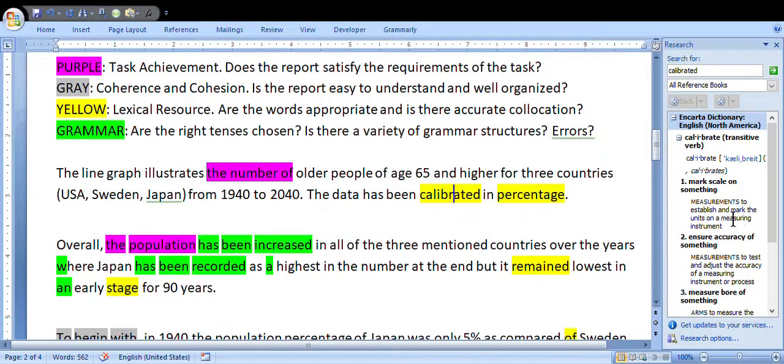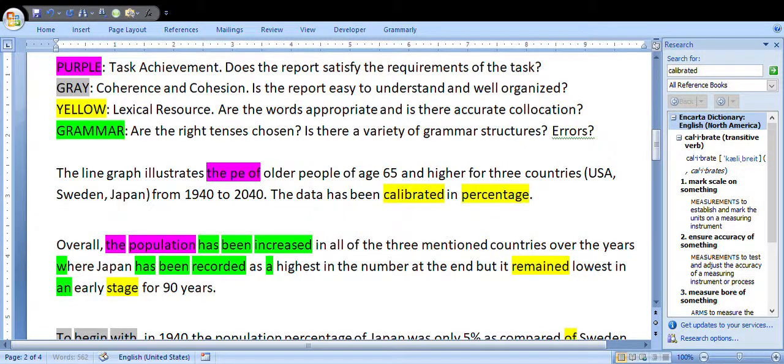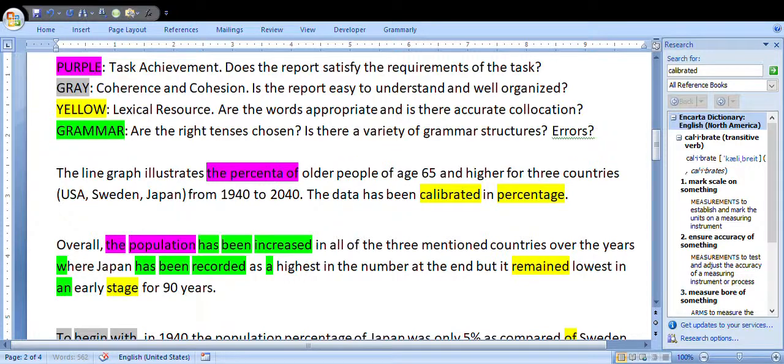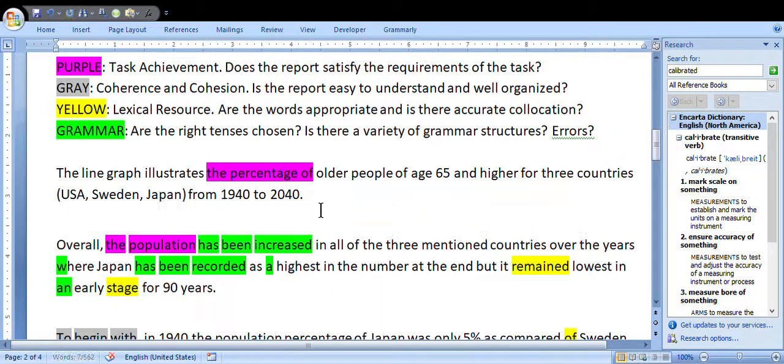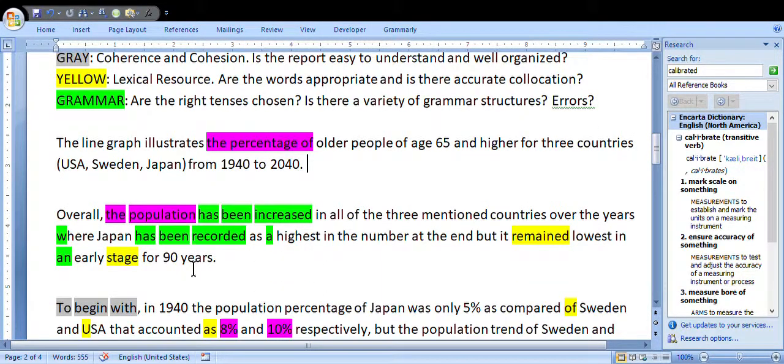Calibrate. To establish the mark. It doesn't mean indicated, which is what you want. And if you put this, the graph, instead of the number of, the percentage of, which is not the word in the original thing, they said proportion, then you don't need any of this. Okay, we talked about that.